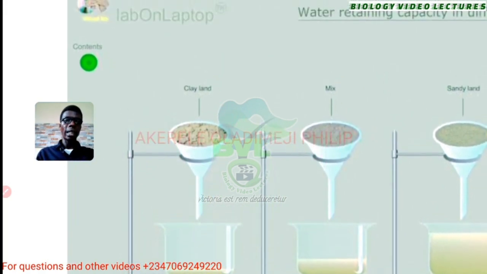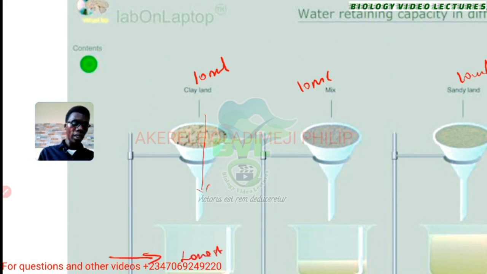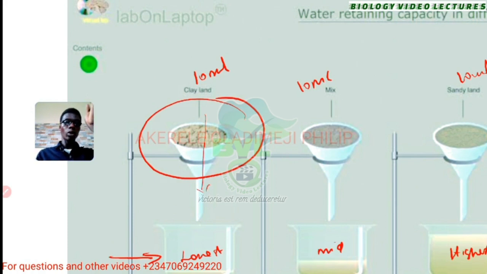Let's imagine 10 ml of water was poured into each of these, 10 ml each. Then it passes through this. If you look closely, you will see that in here, it is lowest, here it is highest, and it is like a mid here. The reason is because clay here prevents water from passing through it.